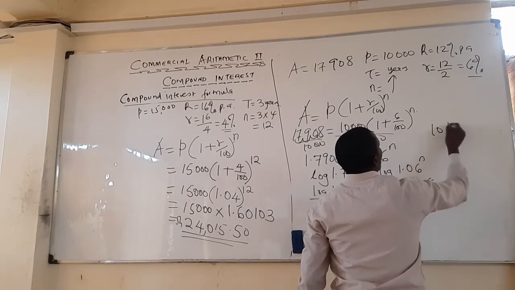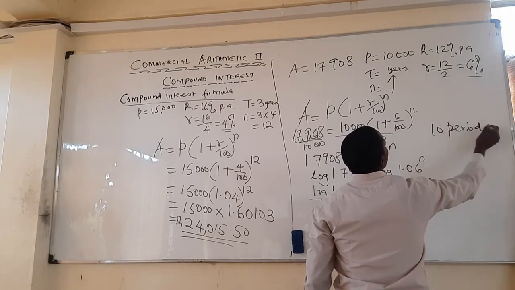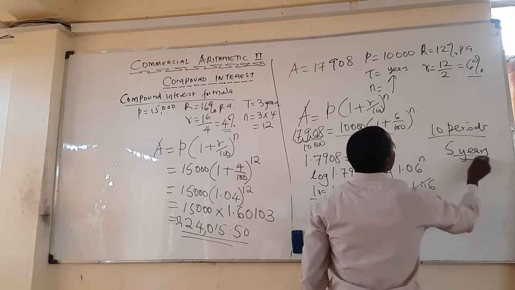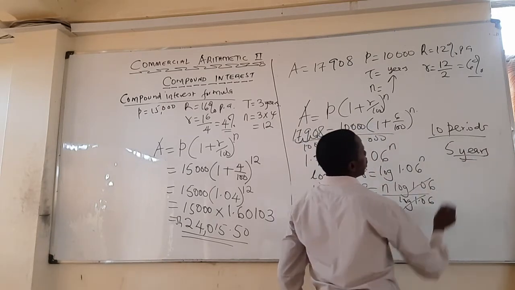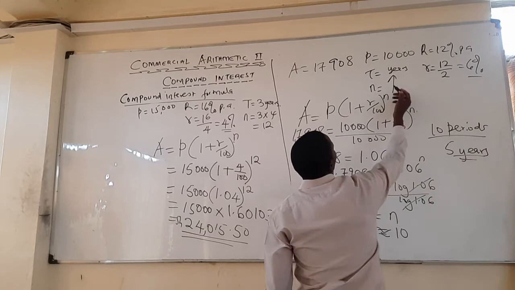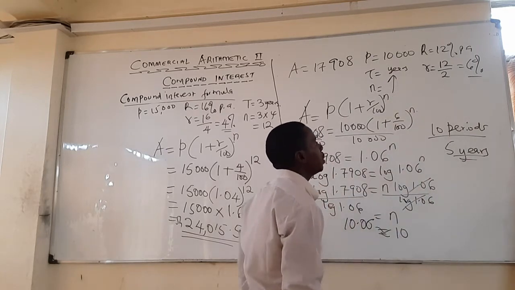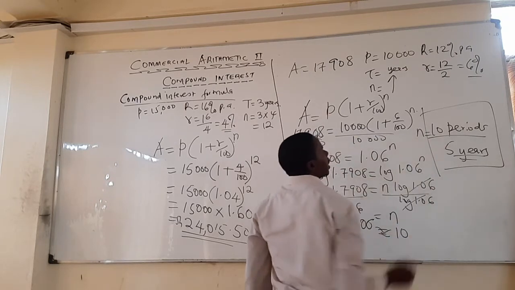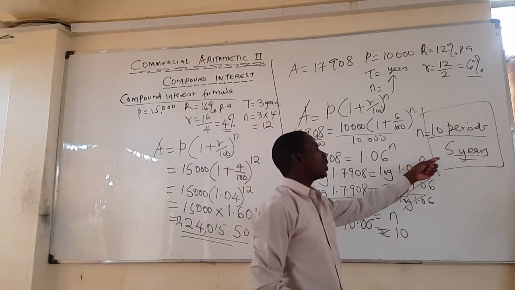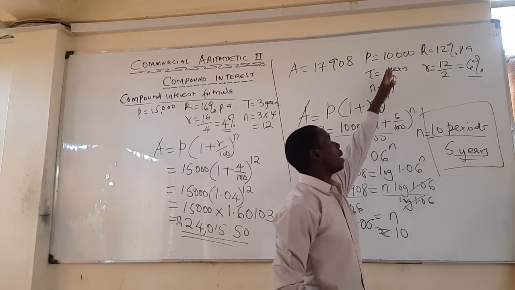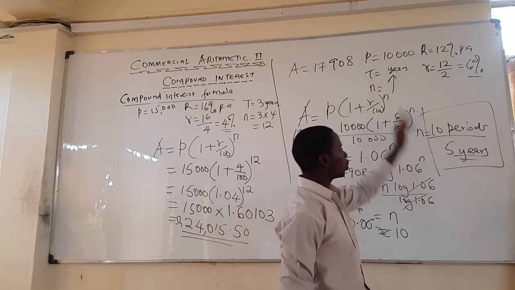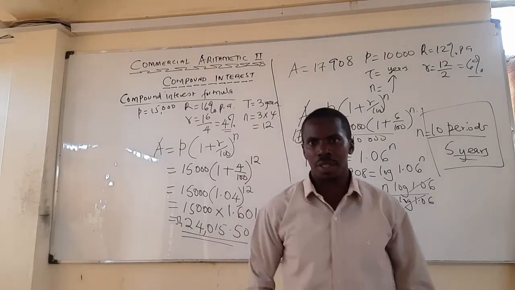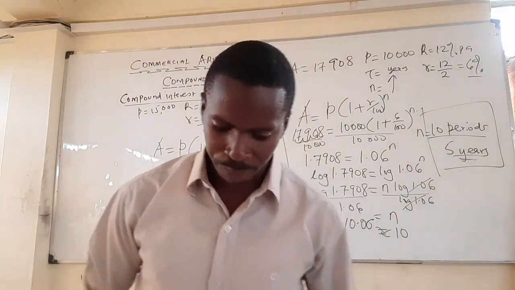We have 10 periods, meaning that now we have 5 years. So we divide this one by 2 to get 5 years, because in 1 year, we did compound semi-annually, meaning that in 1 year, we are going to have 2 periods. So if you have 10 periods, then going backward to the years, we divide by 2, we get 5 years. That's how we'll be able to answer that kind of a question.